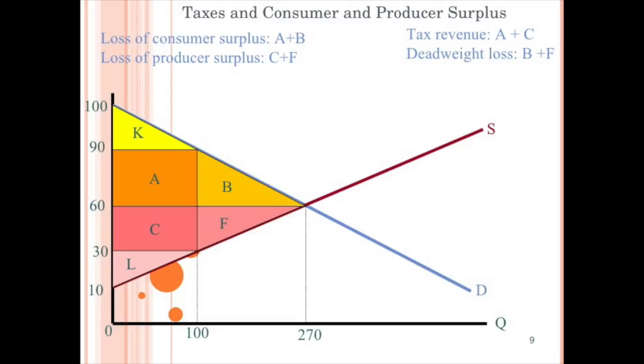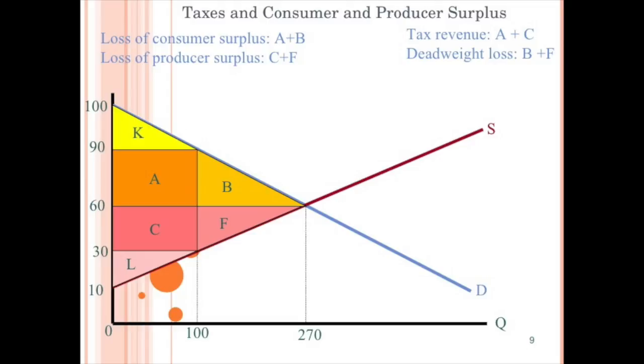So now consider welfare after the tax is enacted. The price paid by buyers rises from $60 to $90 in this case. So the consumer surplus now equals only area K. So that's the area below the demand curve and above the new buyer's price. The price received by sellers falls from 60 to 30 now.